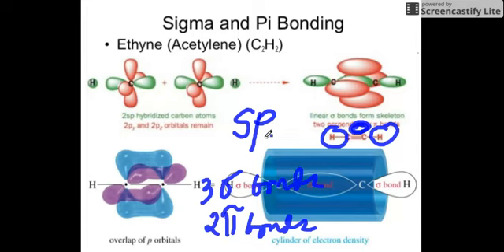So generally, if you have just one P, an SP, you get a triple bond. An SP2 a while ago, you'll get only a double bond. And if it's an SP3, then you will get all sigma bonds.